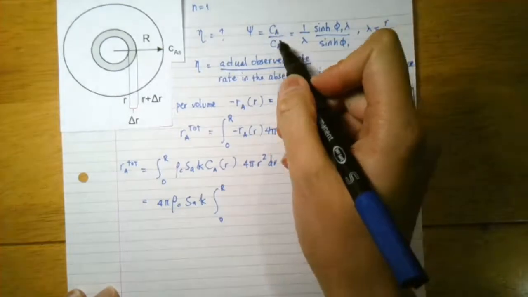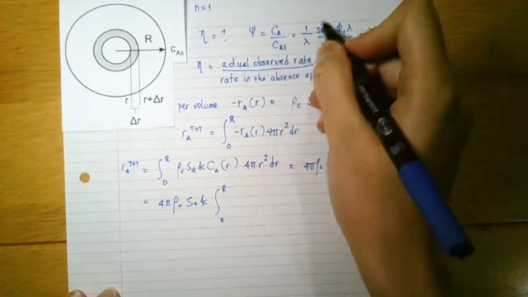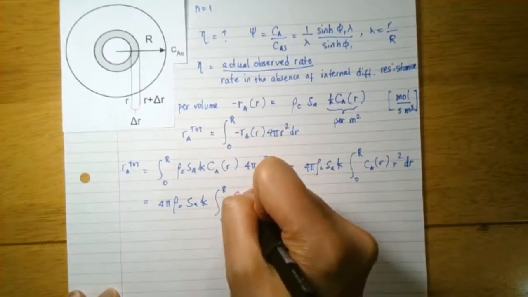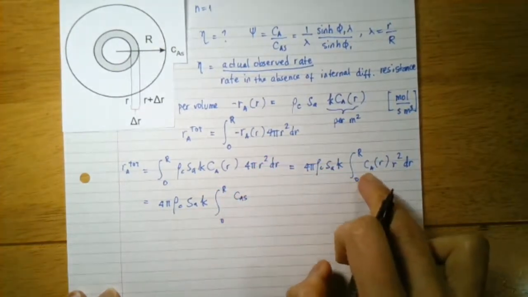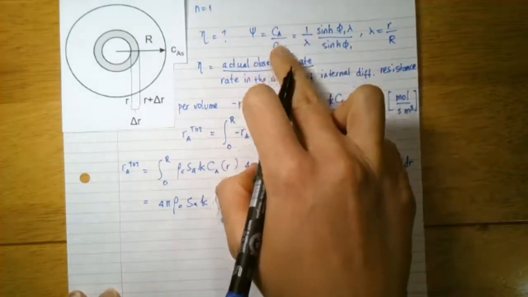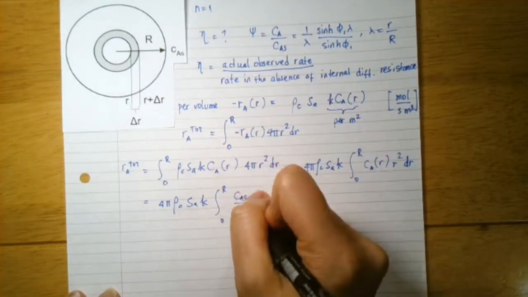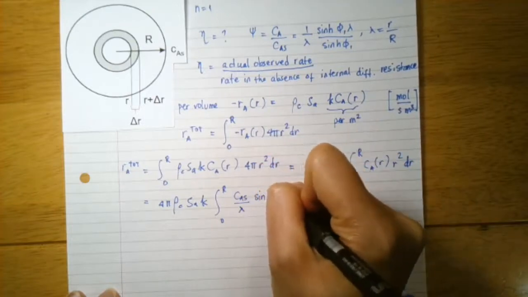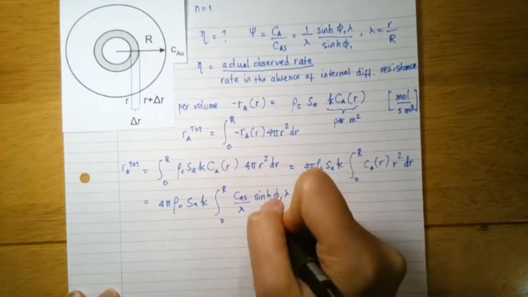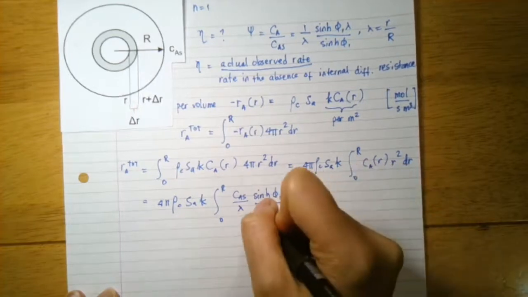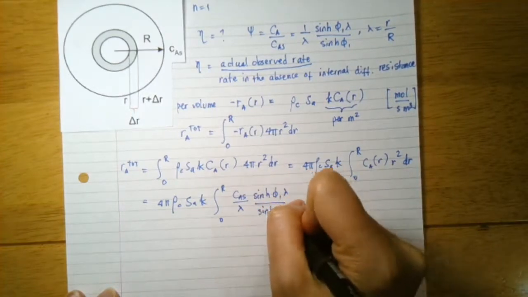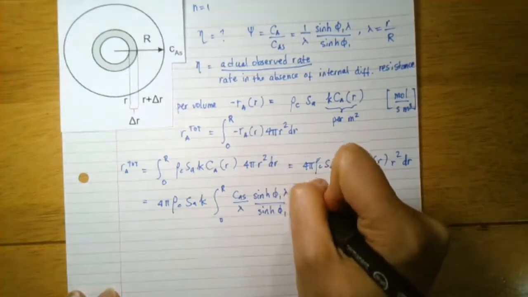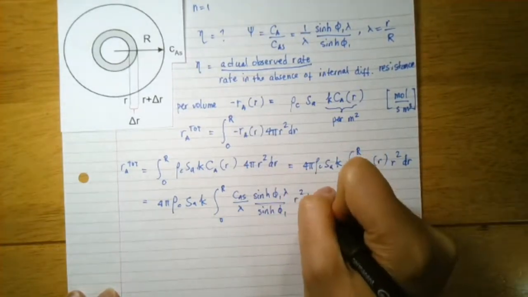Since we have Ca over Cas, we will have Cas on this side. So Ca is equal to Cas over lambda, times sinh phi 1 lambda over sinh phi 1. That's our Ca, and then we have r squared and dr.